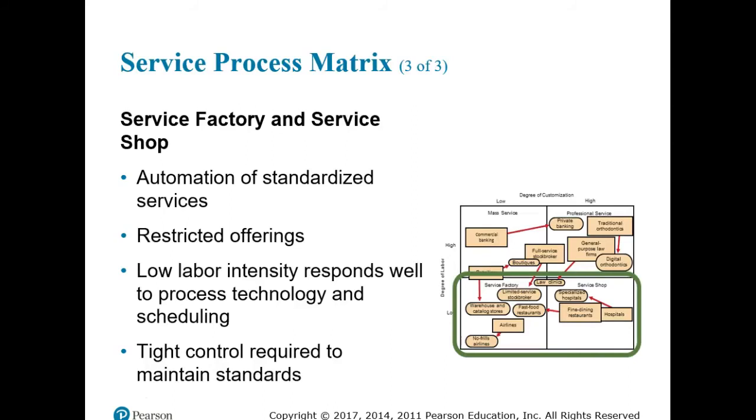Because the customer feedback is lower in these quadrants with low customization, tight control will definitely be required, and I want you to have that as your takeaway point to maintain the quality standards. And also remember, operations with low labor intensity may lend themselves particularly well to innovations in process technology and scheduling.